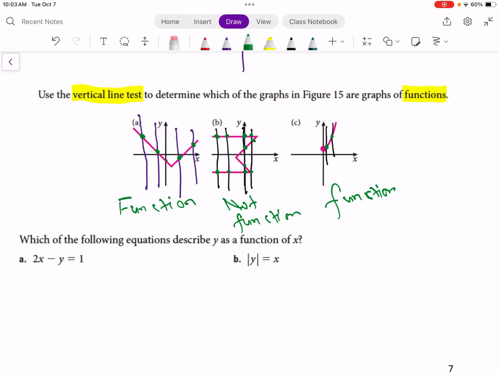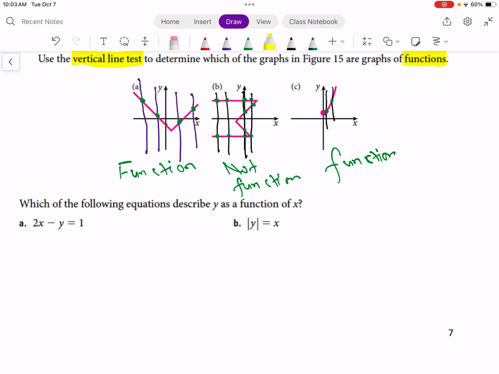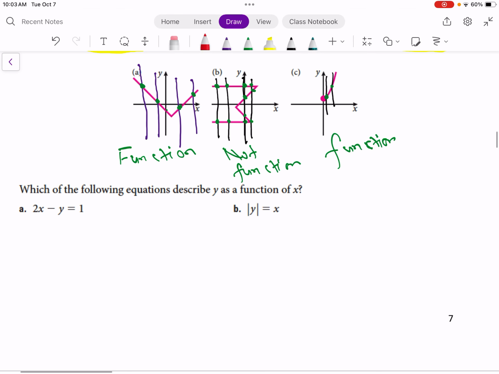Any questions? Now the next one: which of the following equations describe y as a function of x? Let's write this equation in terms of y. So we subtract 2x on both sides, and we have negative y equals negative 2x plus 1.